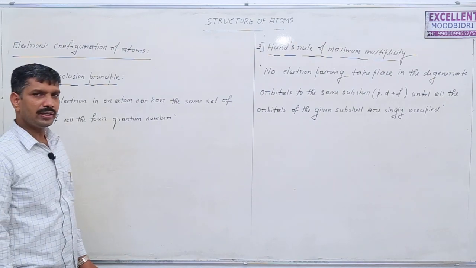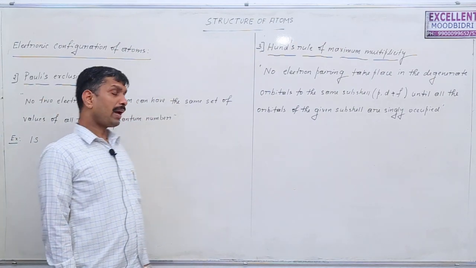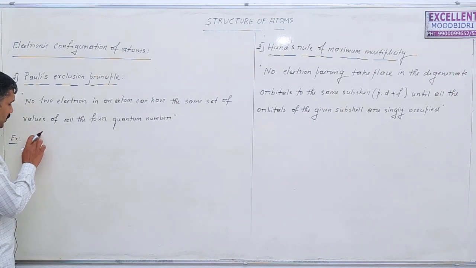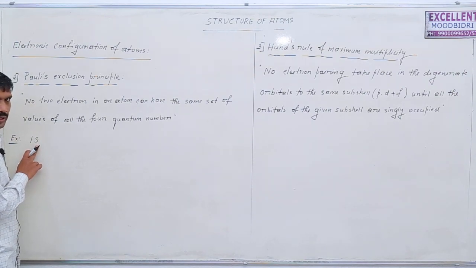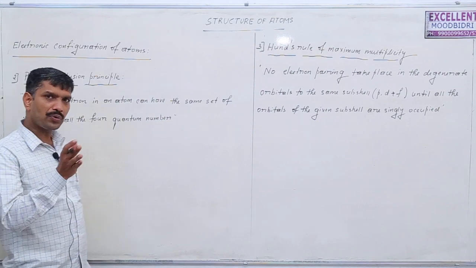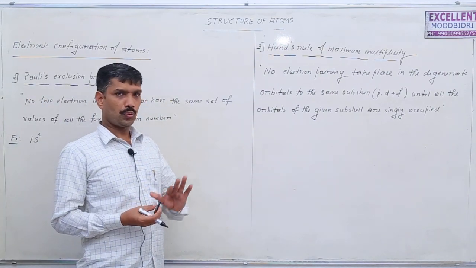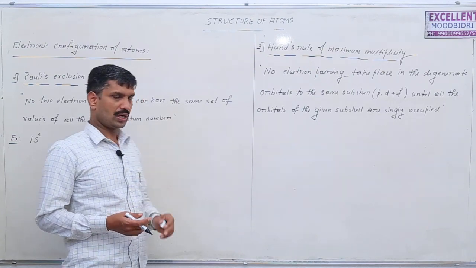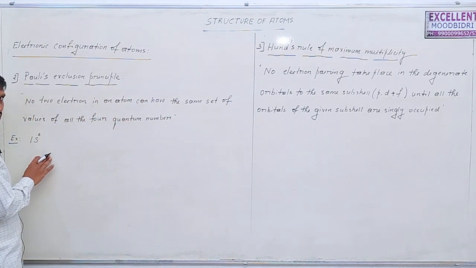In the 1s orbital, the maximum number of electrons accommodated is 2. Two electrons can be accommodated in the s orbital, maximum. These two electrons have opposite spin. One electron spins in the upward direction, another electron spins in the downward direction.